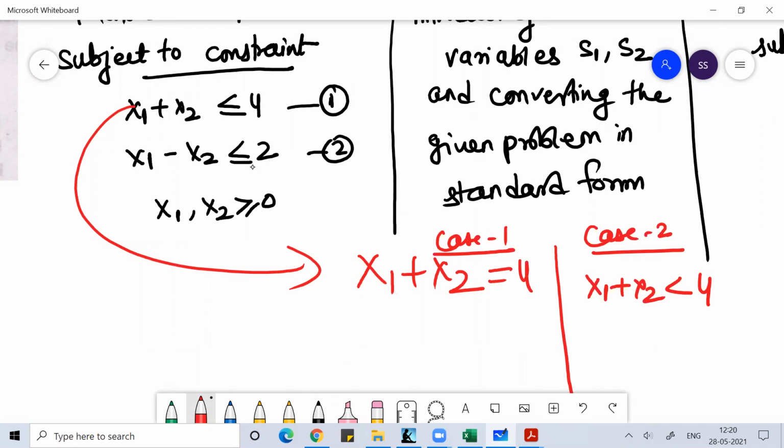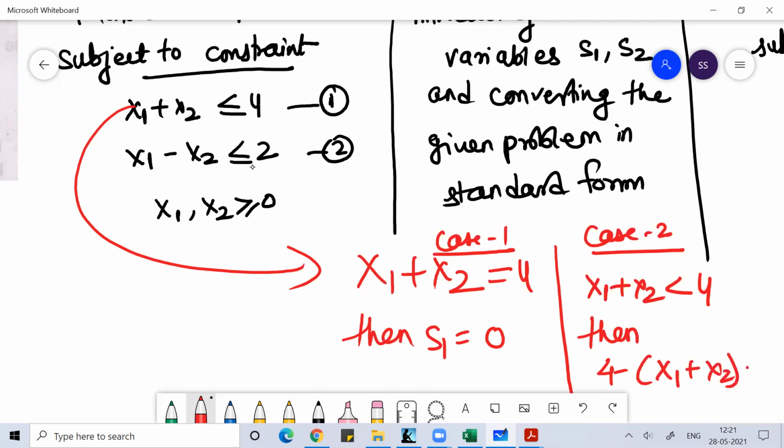If x1 plus x2 is equal to 4, then your dummy variable s1 would be 0. If x1 plus x2 is not equal to 4, then your dummy variable is the difference between 4 and x1 plus x2, so that ultimately it becomes equal to 4. Suppose x1 plus x2 is 2, then the slack variable will be 2, so that the sum together becomes equal to 4.